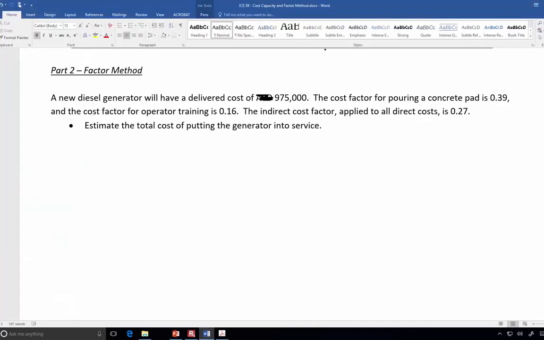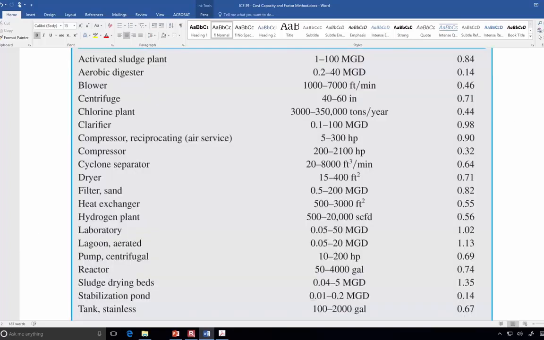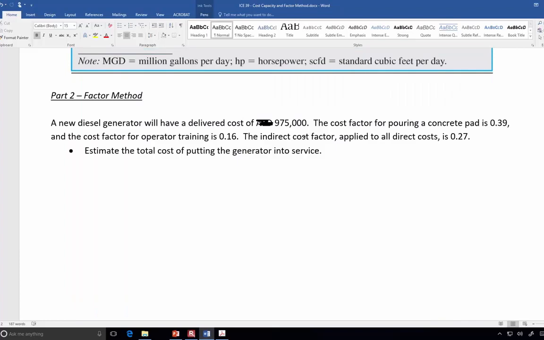And the exercise here that we know is that it is $975,000 for the diesel generator. So there are other components there that we have to also account for, and then the indirect cost is 27% in this. So 0.27 is what you'll have to use for the other part of the equation.